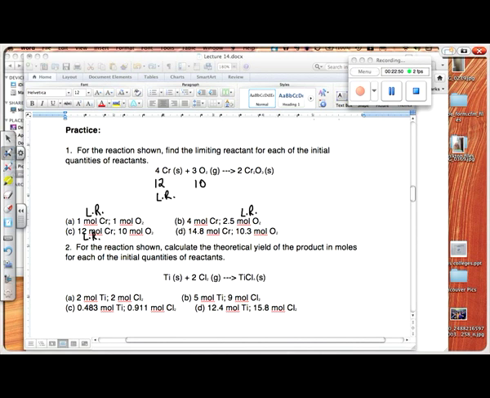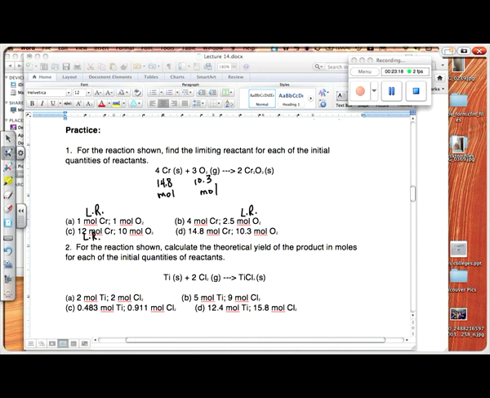And then our last one, 14.8 moles of chromium and 10.3 moles of oxygen. Can I do this without a calculator? No. So 14.8 divided by 4 is 3.7.